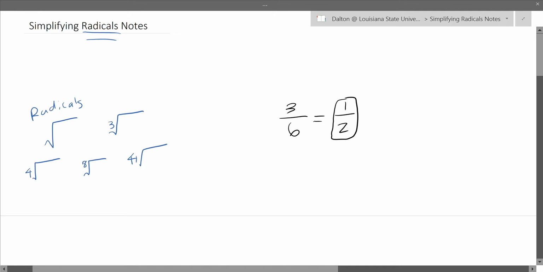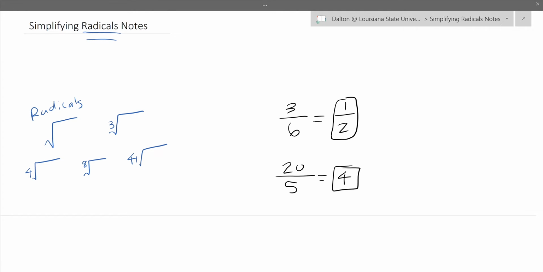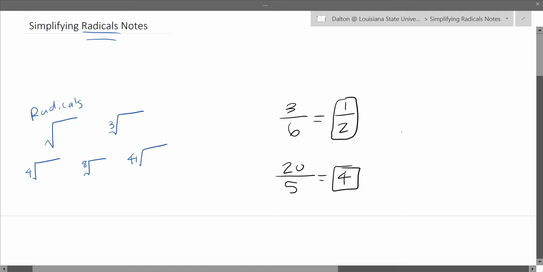And it worked the other way too, right? Like if I had 20 over 5, you wouldn't leave your answer as 20 over 5. You would actually simplify it to be 4. So in the same way that we can simplify fractions, let's do another one. Let's do 6 over 18.